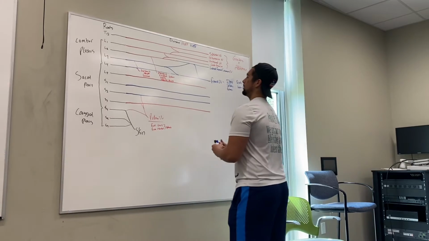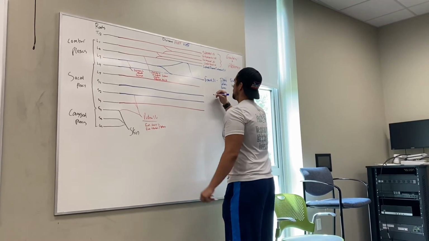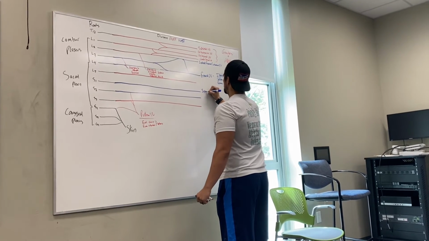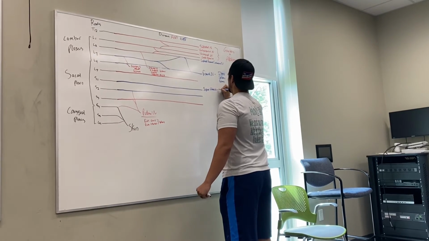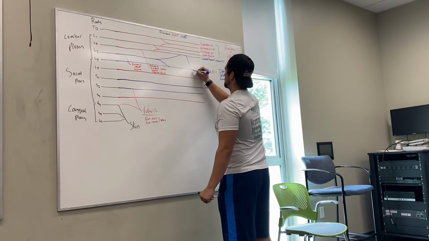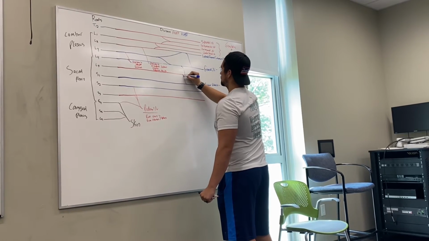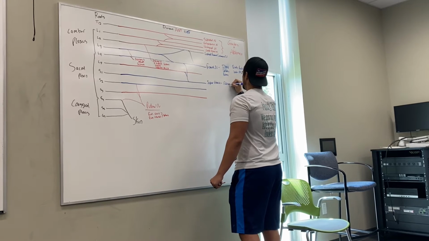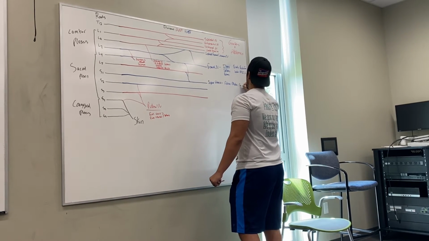Okay, now look up here. Off of S1, we have our superior gluteal nerve, and that gets from L4, L5, and S1, innervates the gluteus medius and minimus.